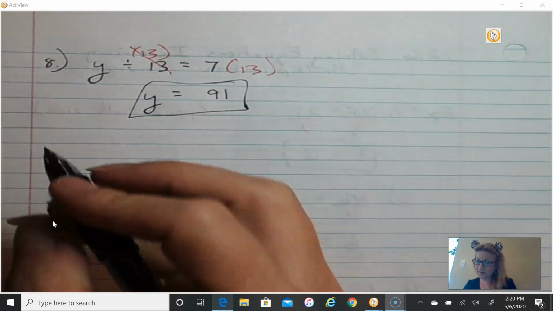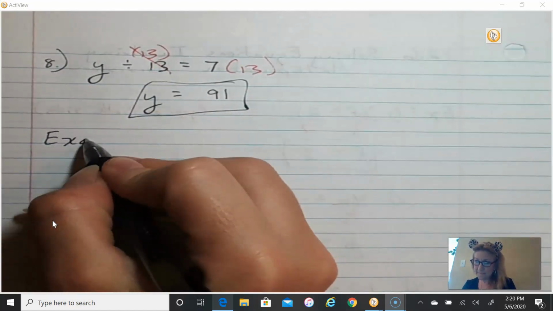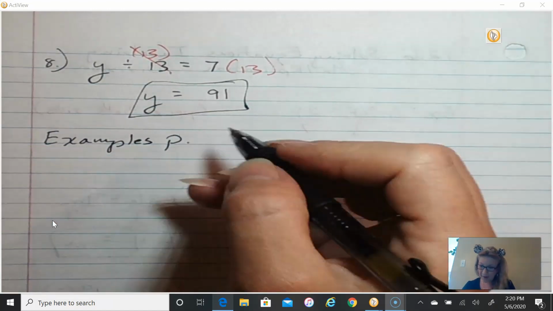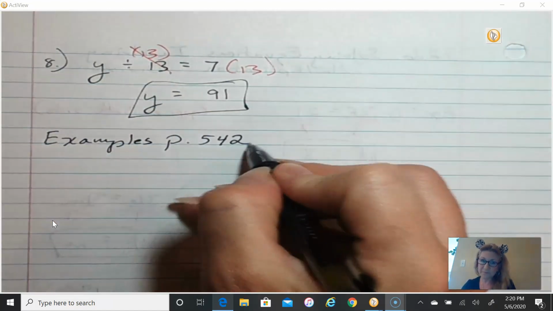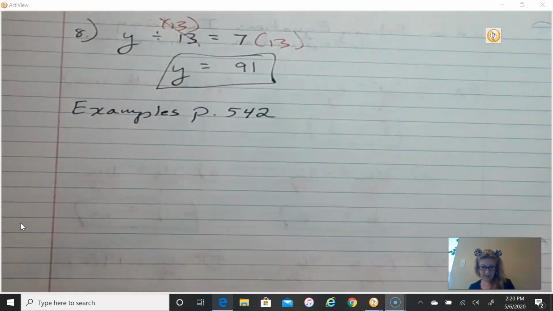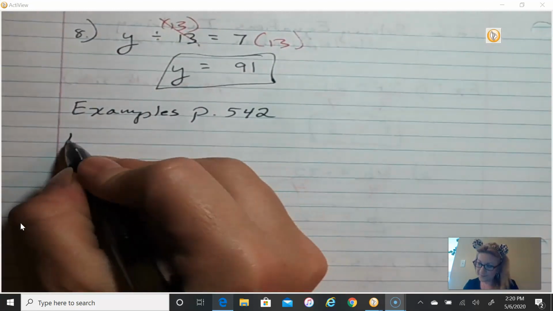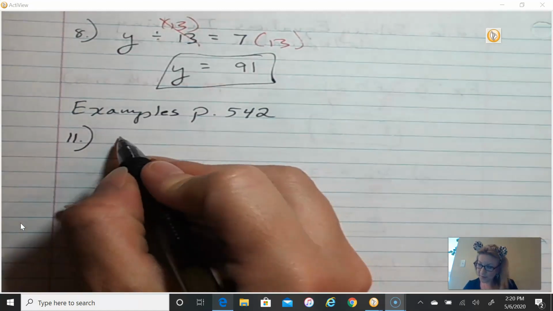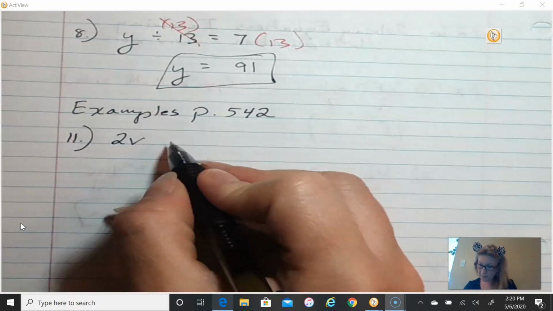Let's open up your books to page 542, and let's do some examples in your book. Okay. 11. 2v equals 18.